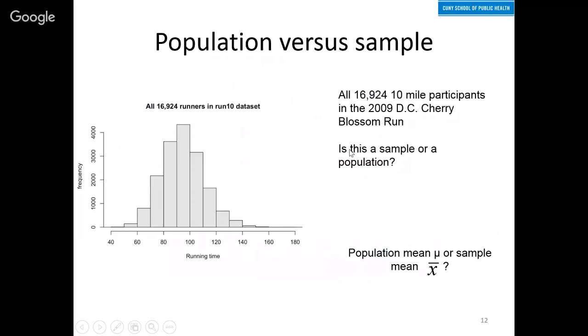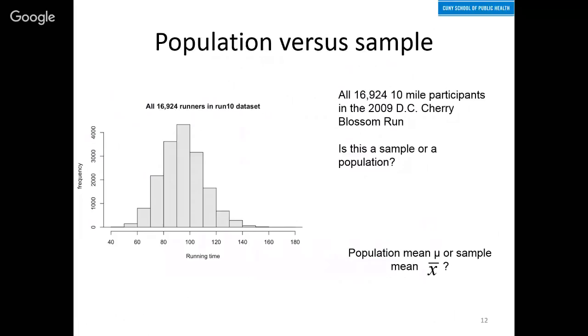So you could ask first, is this a sample or is it a population? Well, I guess it depends on how you're going to consider it. If your target population is the 2009 DC Cherry Blossom Run, then it's the population.